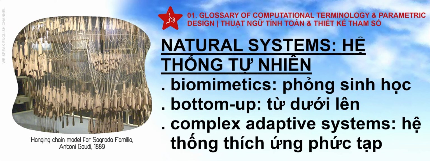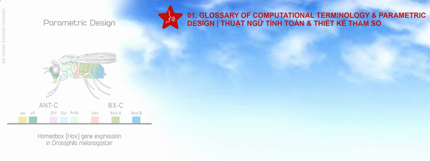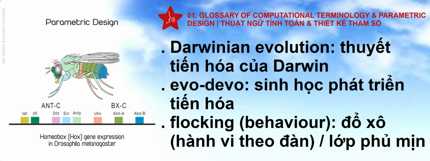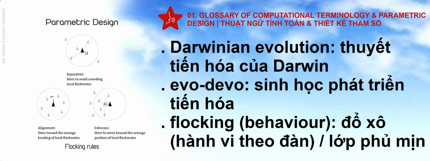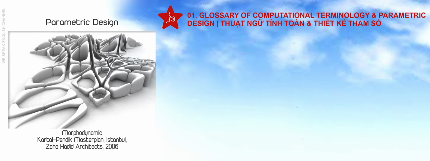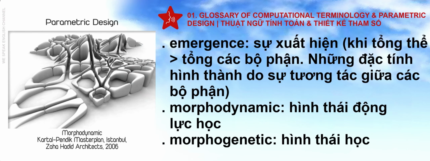Biomimetics. Bottom up. Complex adaptive systems. Darwinian evolution. Evo-devo. Flocking. Emergence.